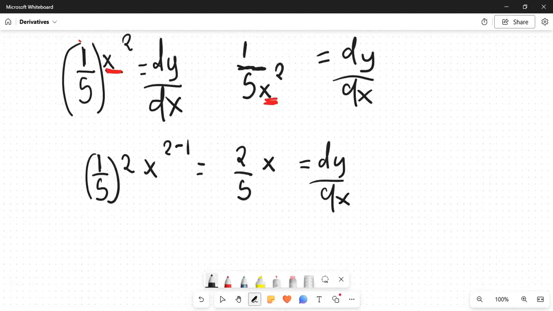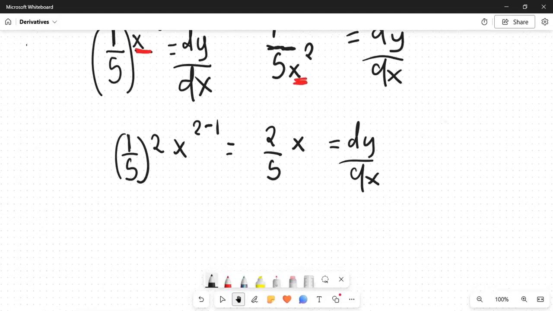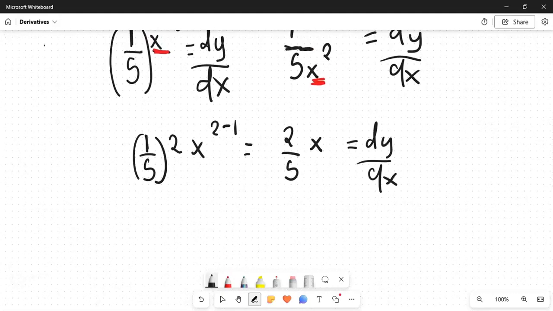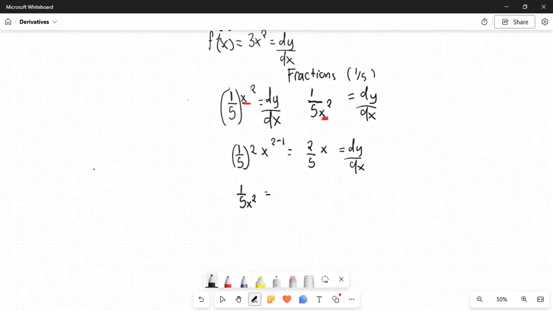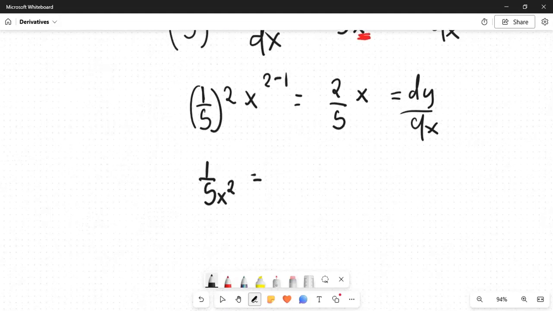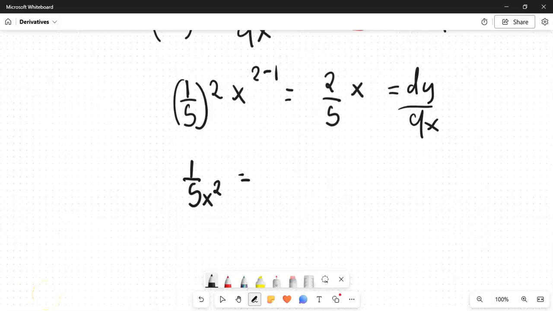So now let's head on to this equation, which I said there was a difference. So we can be given 1 over 5x squared. You know what we do whenever there's a fraction, when our x squared is at the denominator, this is what we do.